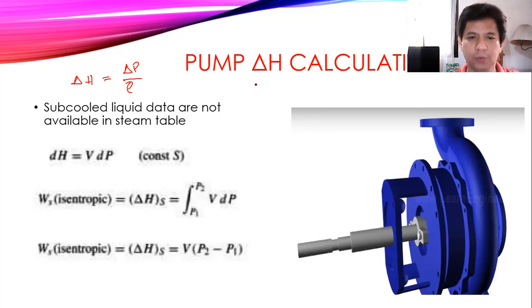So if we start with the definition of enthalpy, H is equals to U plus PV, and then you get the derivative of this definition. We have dH is equals to dU plus PdV plus VdP.